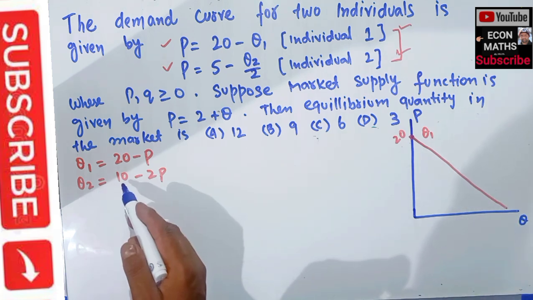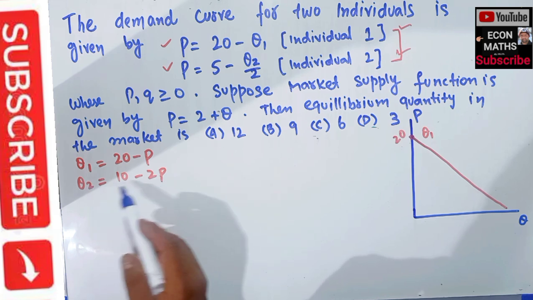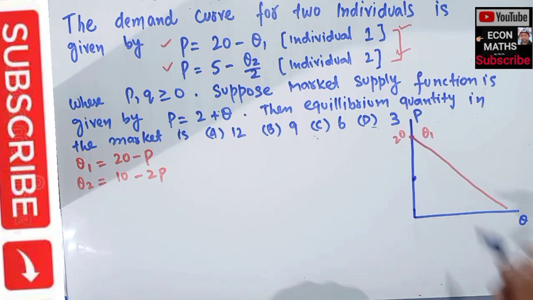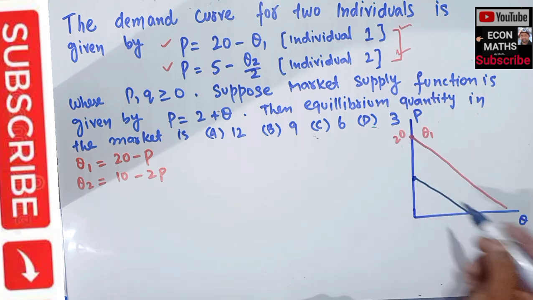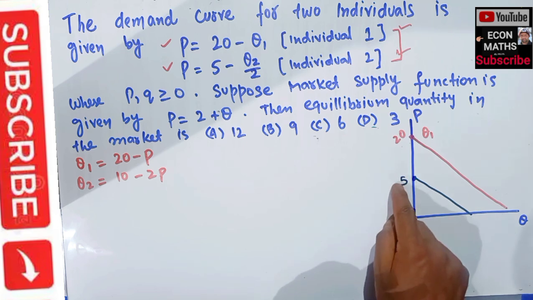Here q2 is 10 minus 2p. Solving for p, when q2 is equal to 0, p will be equal to 10 divided by 2, which is equal to 5. Let us say this is 5. It will not look exactly parallel, but I am just doing a rough sketch here.